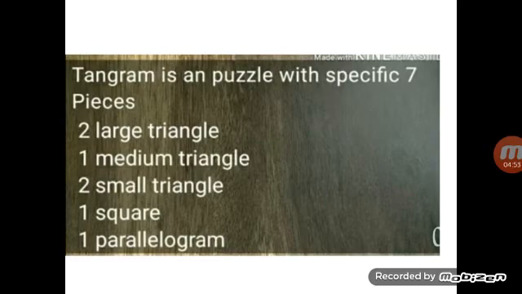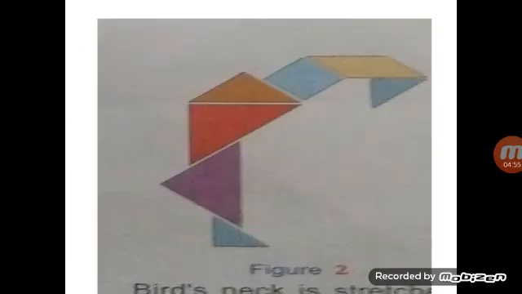with these 7 pieces. Here you can see, what is made here? It is the bird. Bird's neck is stretched. That is the neck of the bird, which is stretched down. So how had you made this? With the help of 7 pieces of Tangram. See here, you can see these two big triangles.